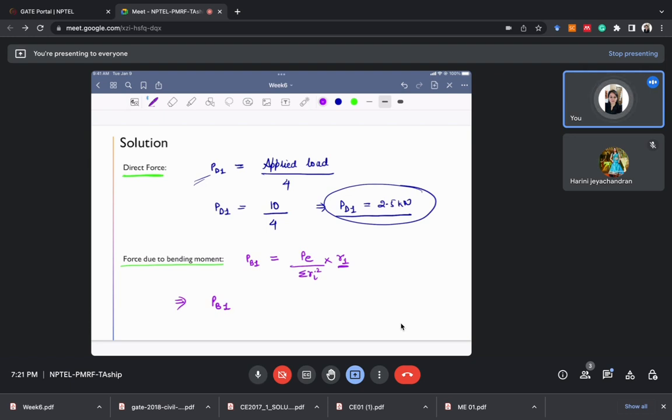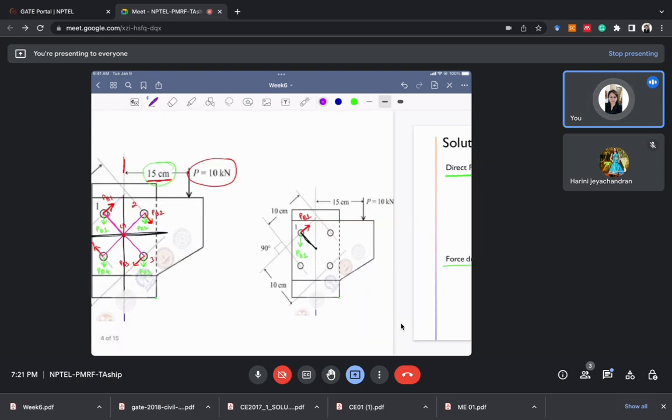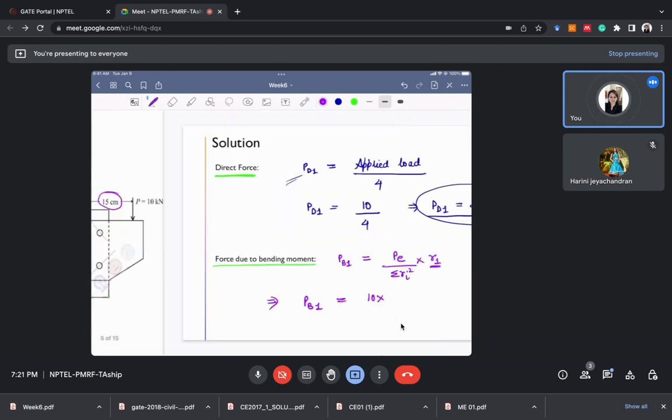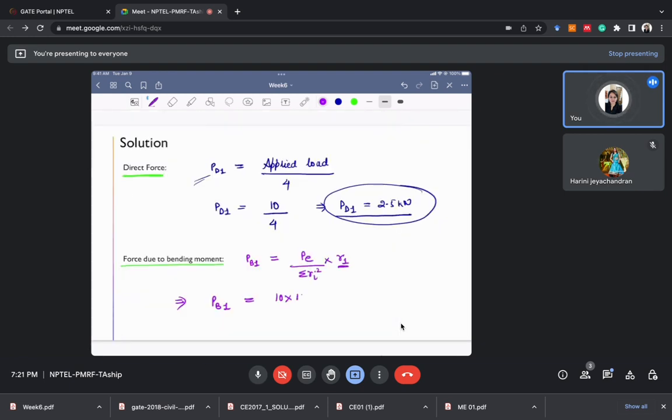For PB1, P we know, P is the applied load, P is 10 in this case. What is the value of eccentricity we are given? Eccentricity value is 15 centimeter, so let's keep it in centimeter only.